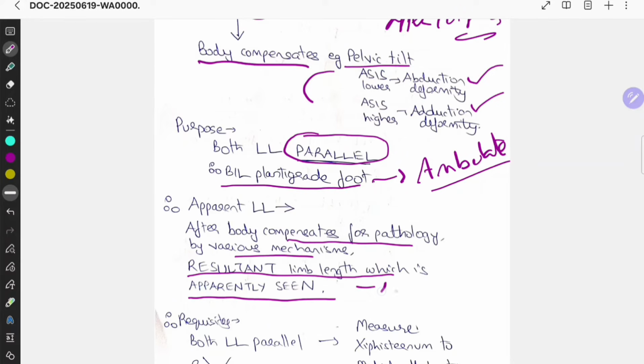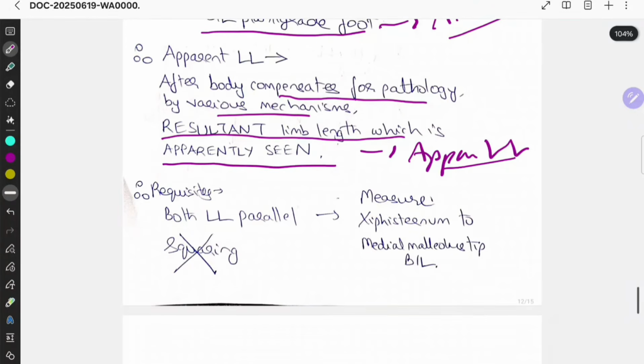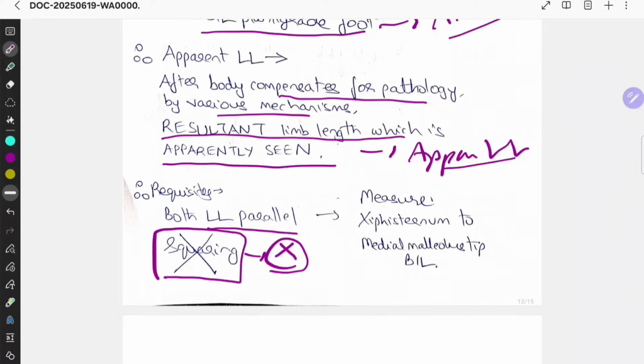That is what you call the apparent limb length. So what are the prerequisites? Both lower limbs should be parallel to each other, and squaring of pelvis should not be done, because we want the resultant effect after the accommodation. As soon as you square the pelvis, the body compensation is gone.